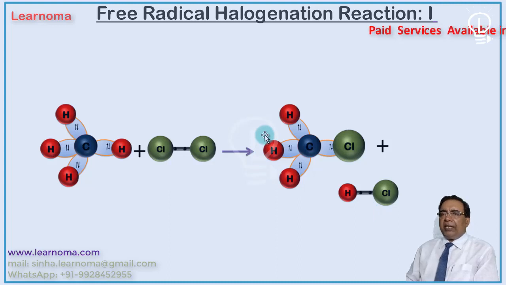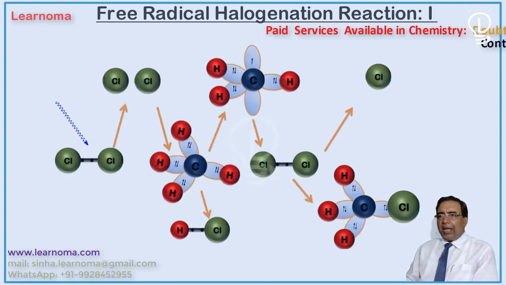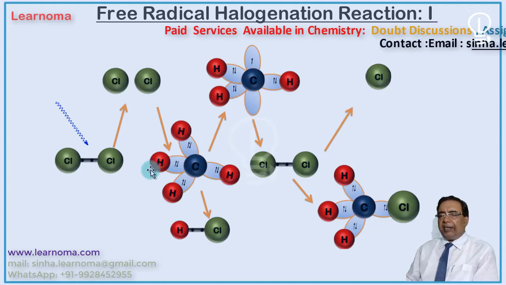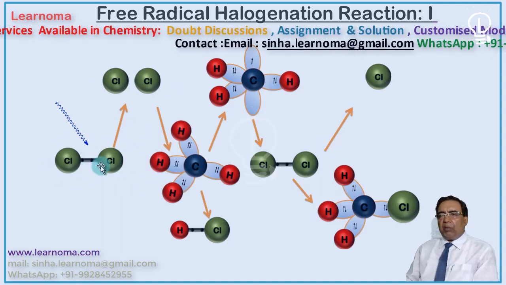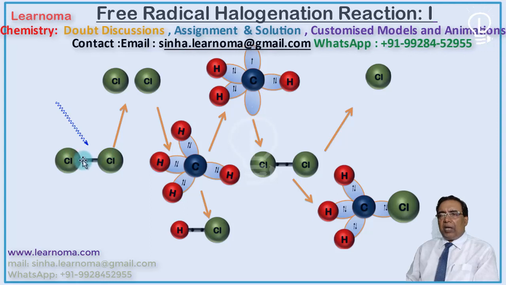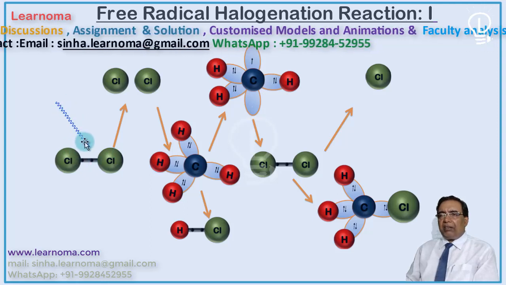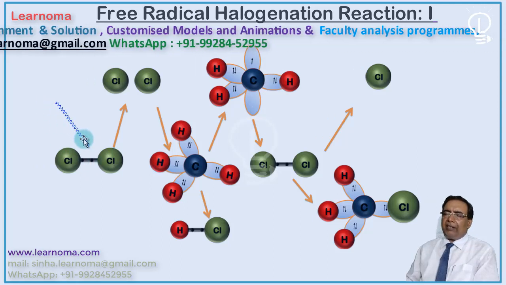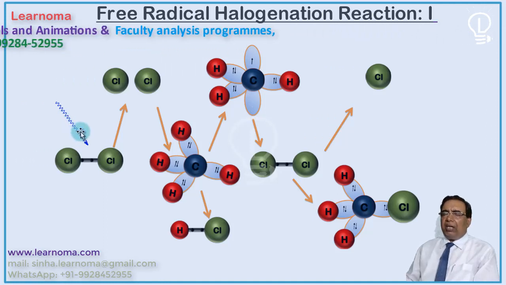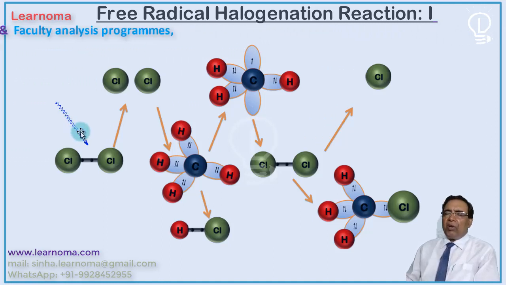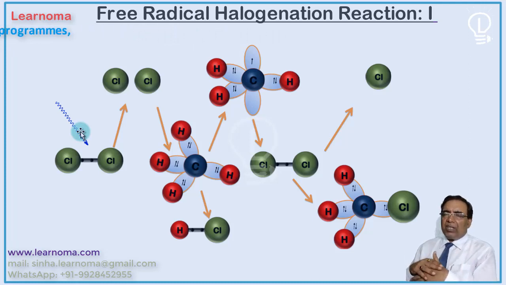This can be represented schematically through a diagram. Let us see this diagram. The chlorine, Cl2, is a molecule. Such a molecule, when treated with light, this arrow represents the light, the light may be visible, diffuse sunlight, or maybe ultraviolet light.